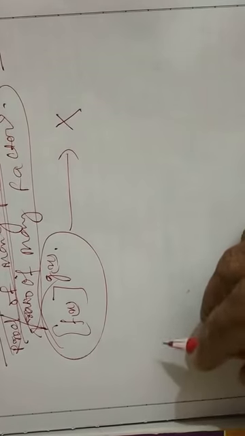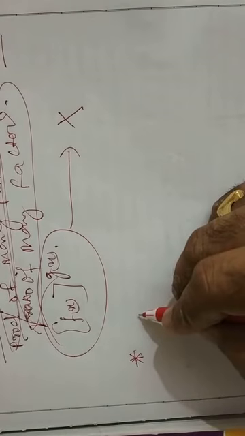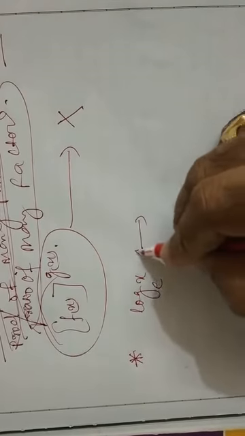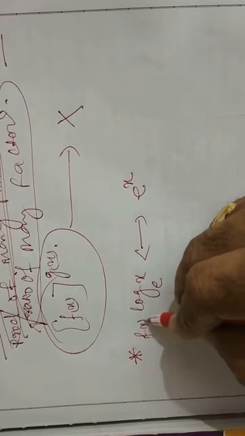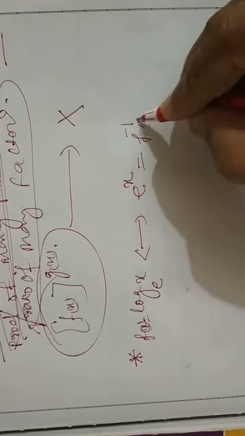Now let me tell you some basic ideas. Remember, log x base e and e to the power x. If I take this as f(x), then exponential function is its inverse.